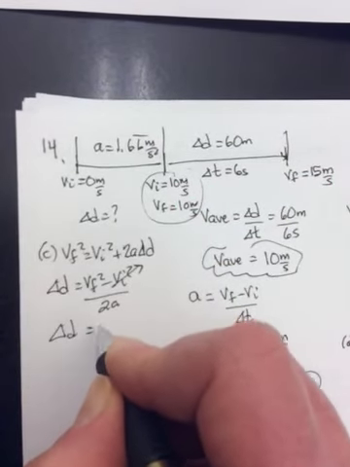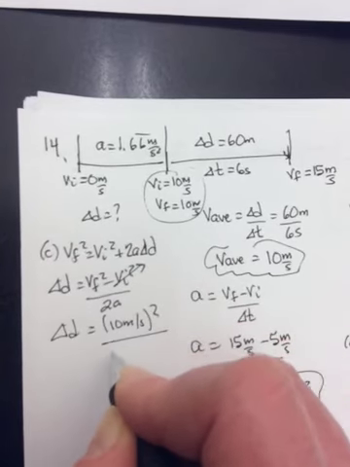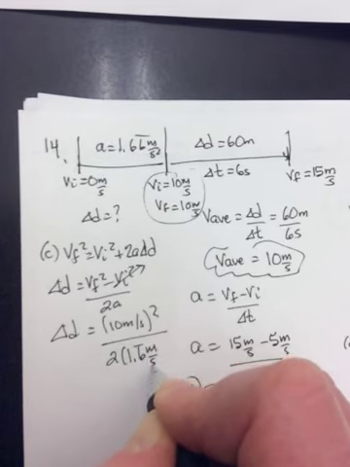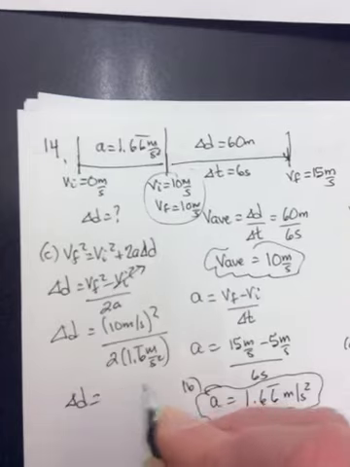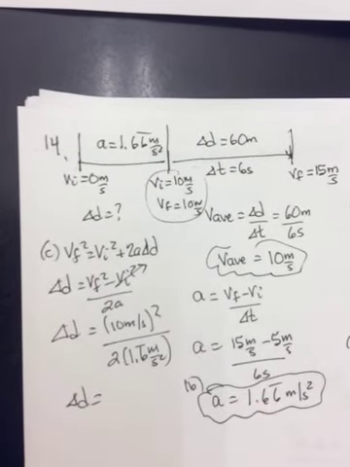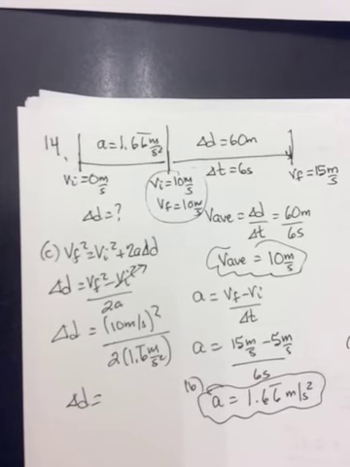So delta D is equal to 10 meters per second squared, so that should be about 100, divided by 2 times 1.6 repeating meters per second squared. So delta D equals, on the top is 100, on the bottom is 3.3 repeating, so 30?